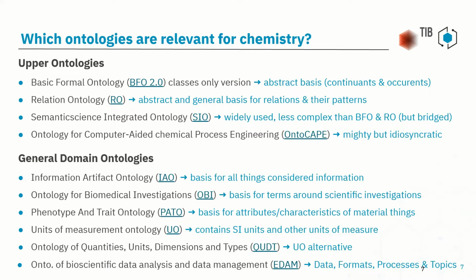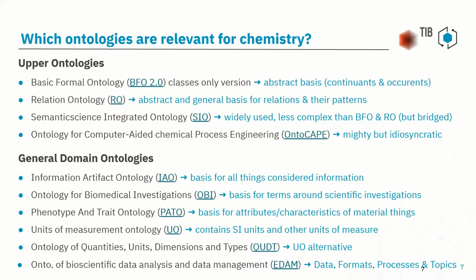And then there are ontologies that are a little less abstract, which we usually call mid-level ontologies. And of those mid-level ontologies, some cover general domains like information, such as the Information Artifact Ontology, or general domains of science.